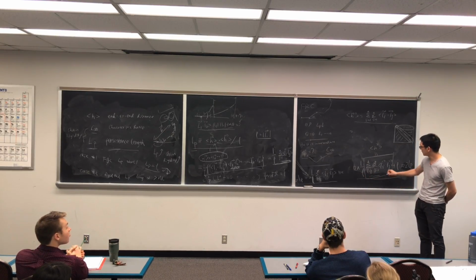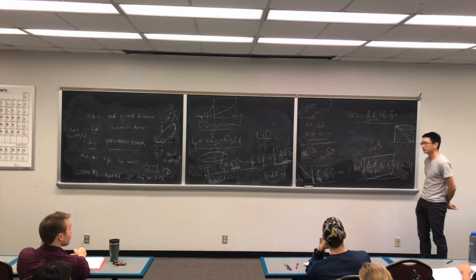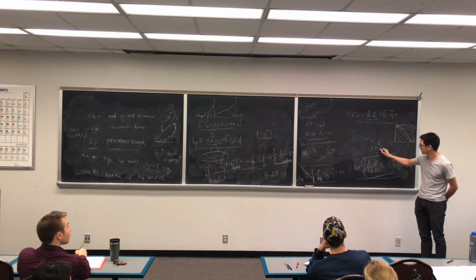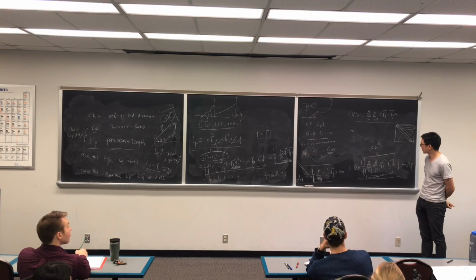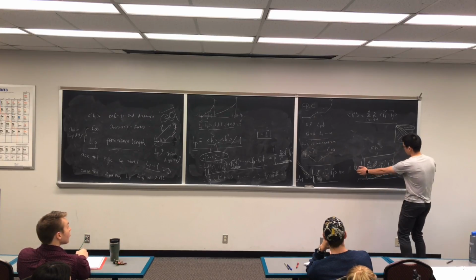So what we will see is that this term, in the center part, is going to be directly related to NL squared, right? Because this is the end-to-end distance for your material. Let me show you.